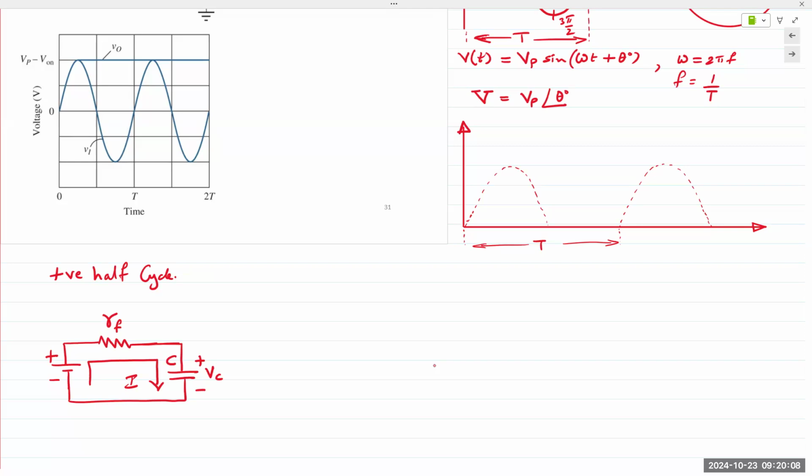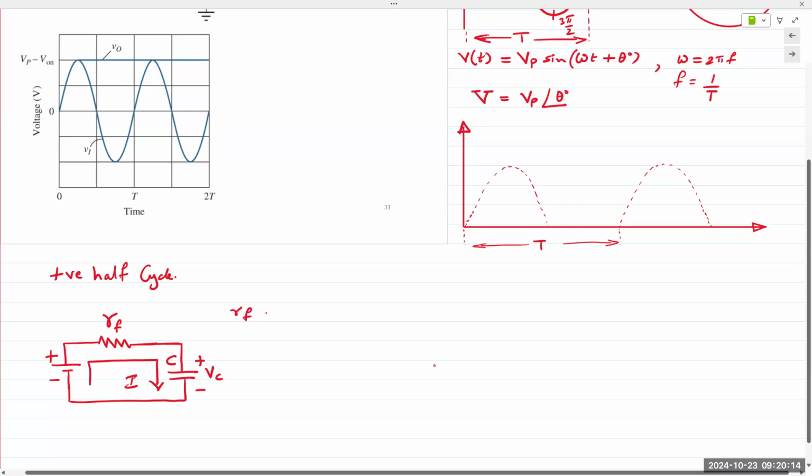Good point. That's actually my next point. So RF is small enough so that tau, the time constant of the circuit, is also small.